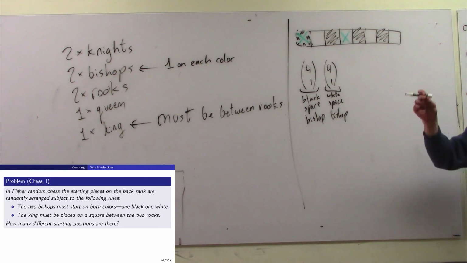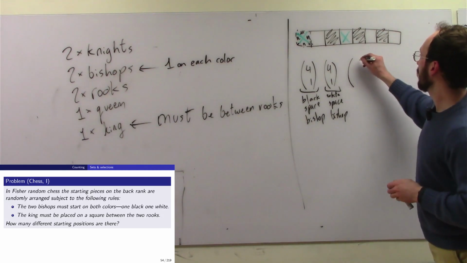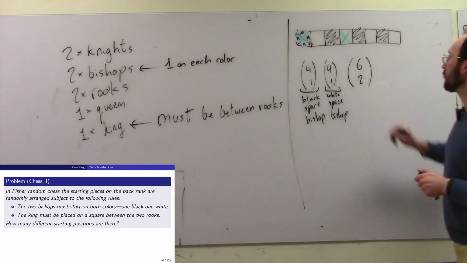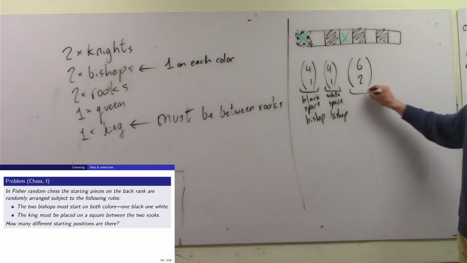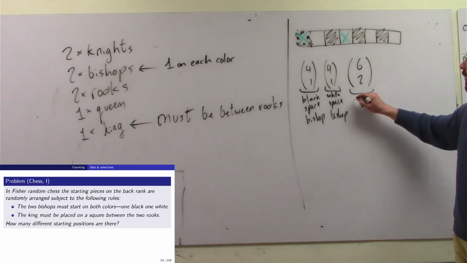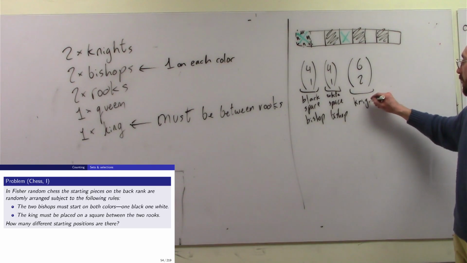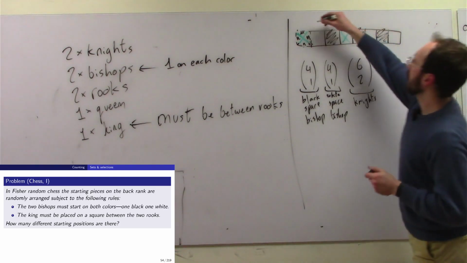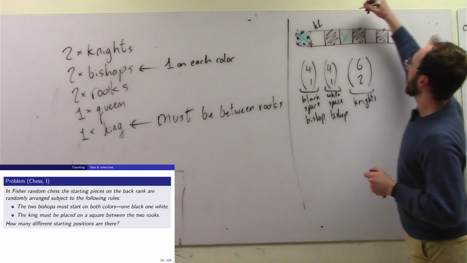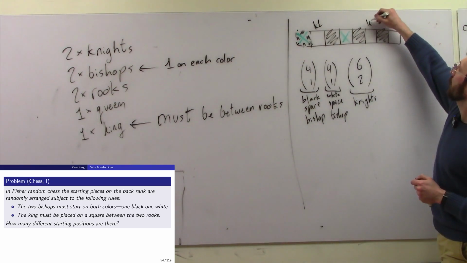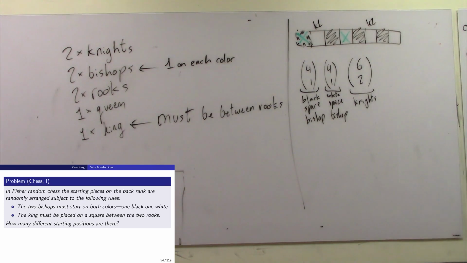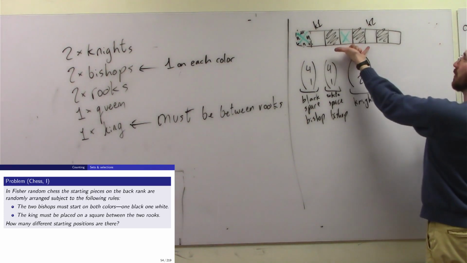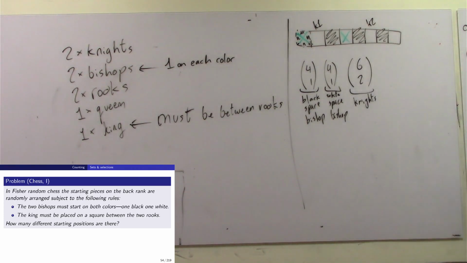They're the same piece, so it'll actually just be 6 choose 2 for our knights. If I chose this one for my first knight and this for my second knight, I could have very well done it the opposite way. It wouldn't matter, they're both knights.